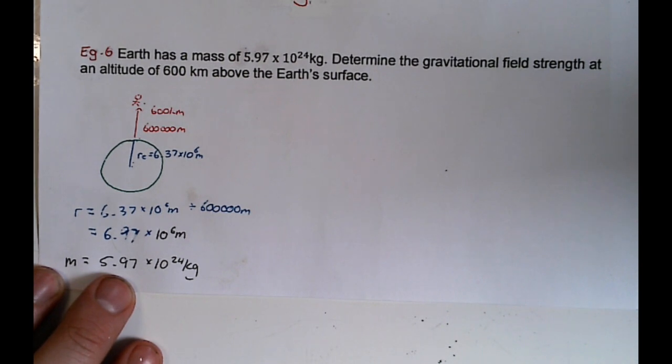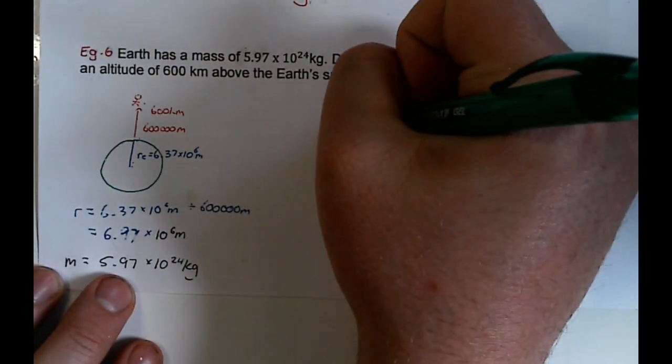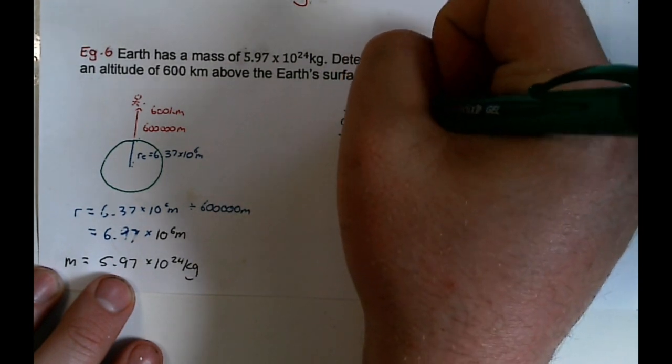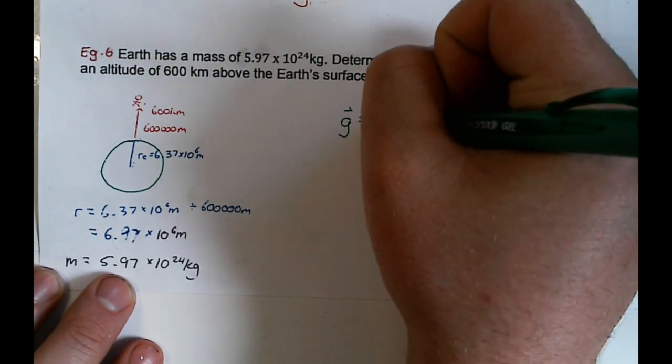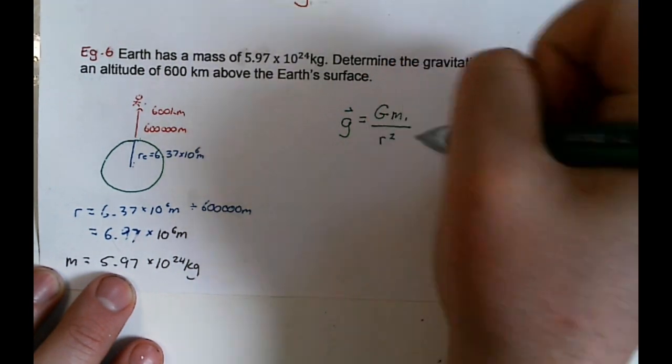Using our source mass formula, g is equal to the constant times the mass divided by the distance squared.